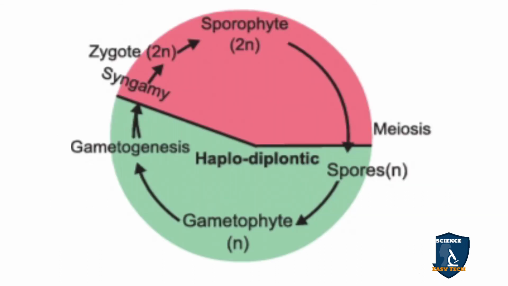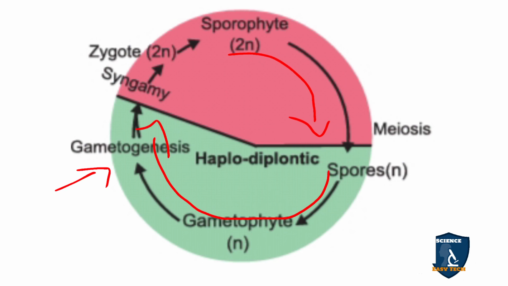So we can see this is a haplodiplontic life cycle. The spores are formed through meiosis. After meiosis, the gametophyte phase starts. First is the sporophyte; till meiosis takes place it becomes single n spores, and the gametophyte enters gametogenesis and forms gametes, and when the fusion takes place, it becomes the zygote.